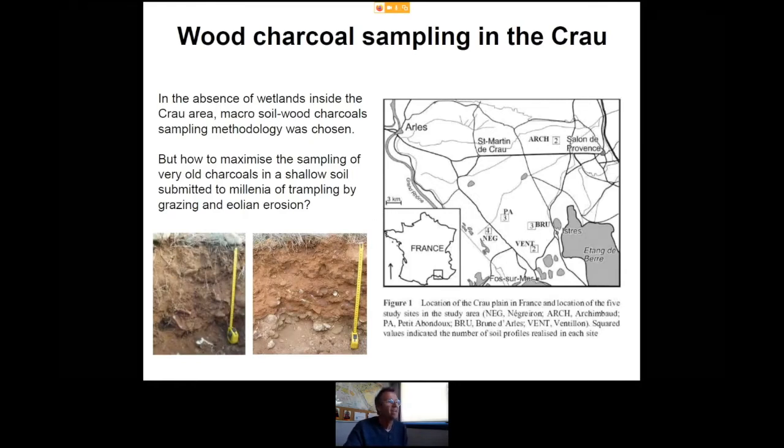It's difficult to find enough soil in this area. So we had this original idea, and we found 6 interesting sites. We tried to find some areas which would be suitable to collect more wood charcoal.